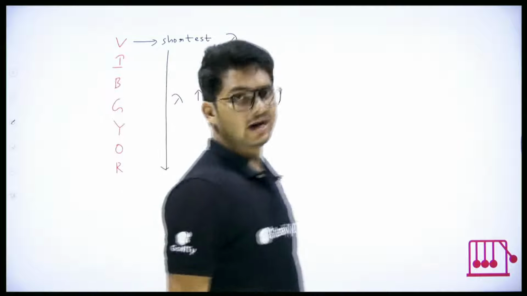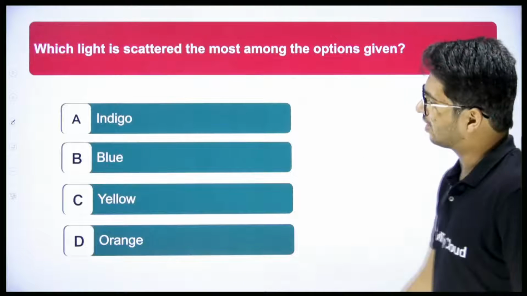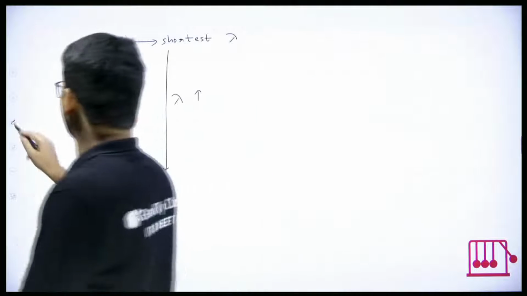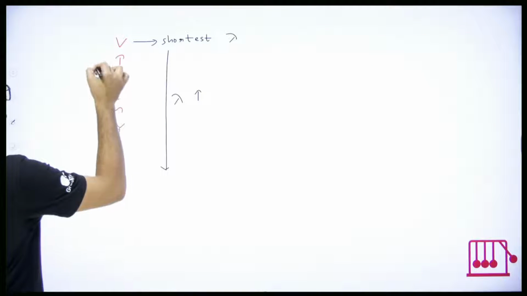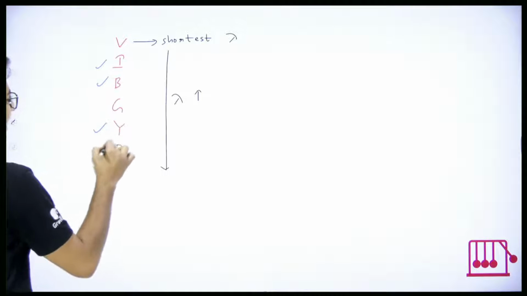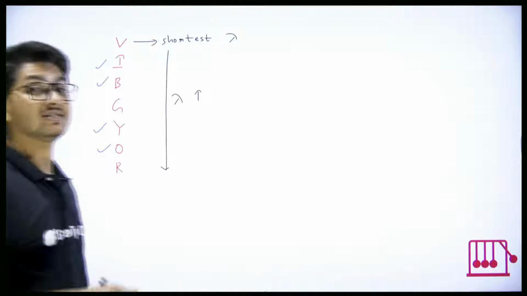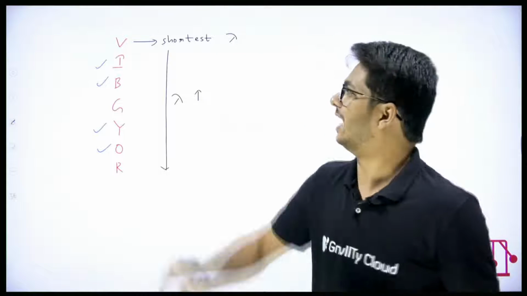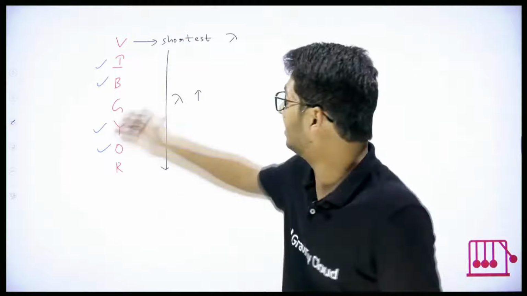Got it? So here, what are the colors we have? Indigo, blue, yellow and orange. So among these four colors, which one has the shortest wavelength? After violet, who has the shortest wavelength?